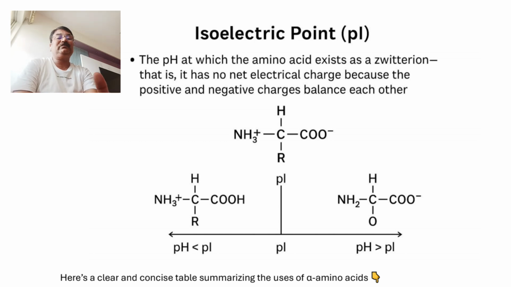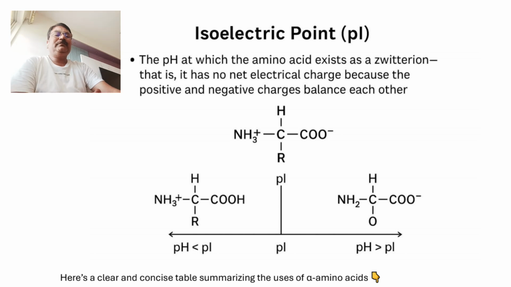At that pH, this Zwitter ion is attracted neither towards the positively charged electrode nor towards the negatively charged electrode, and it remains stable. This specific pH at which the amino acid has no net charge, not perfectly positive or perfectly negative, is called the isoelectric point, and it is specific for each alpha amino acid.